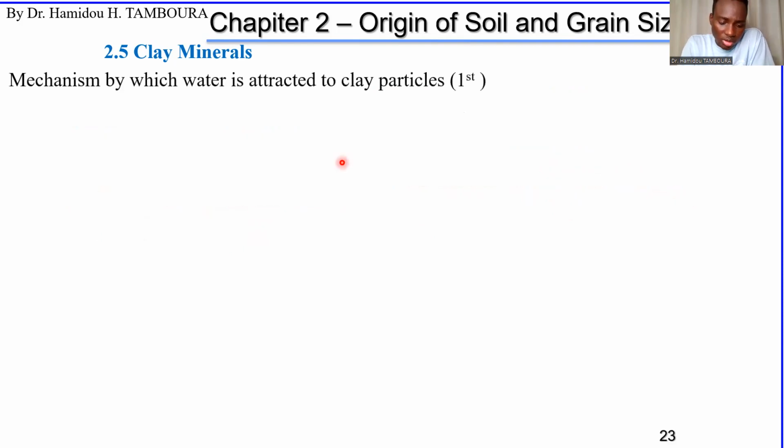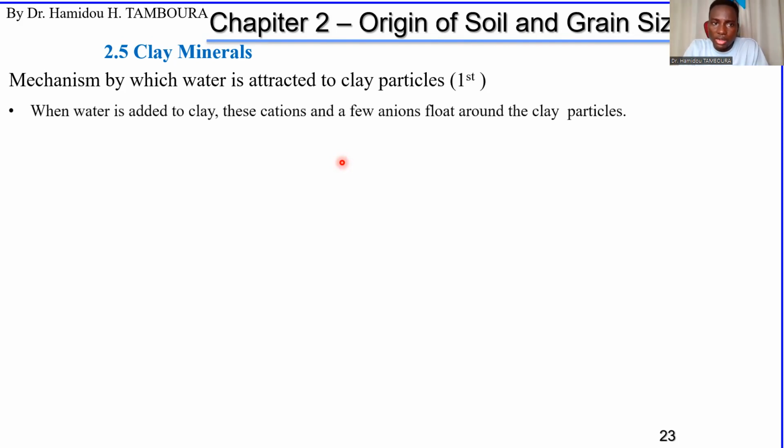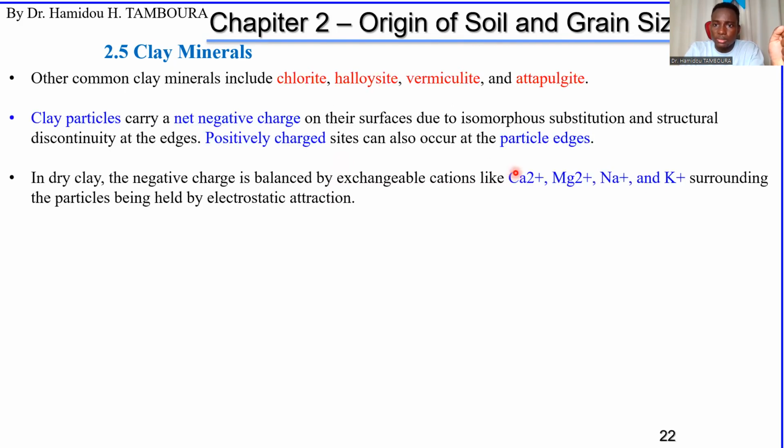So what happens now when we add water to clay? From here, we will talk about the mechanism by which water is attached to clay particles. When we add water to dry clay, as I said in the previous slide, the clay mineral has negative charge, and also we have some cations.